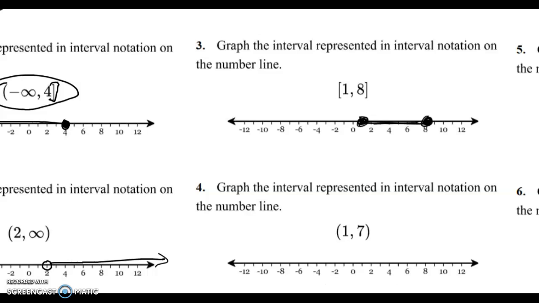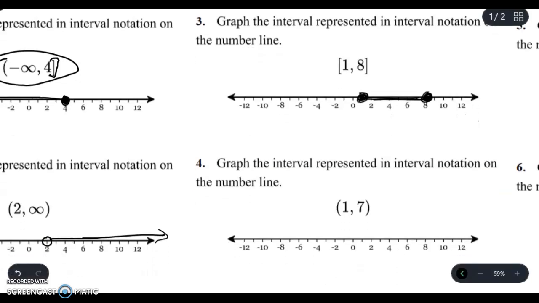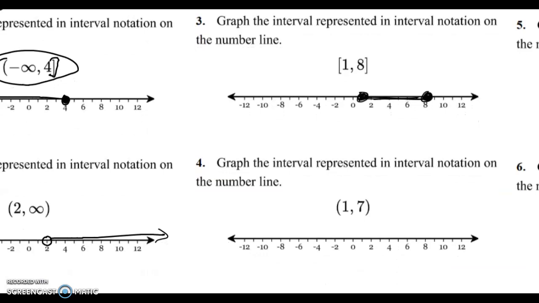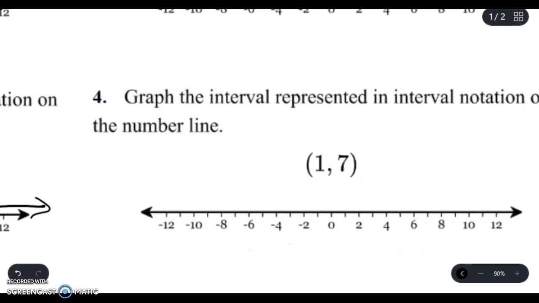Let's take a look at number 4. Now this one does not have brackets. It has parentheses on the outside. So you have 1 and 7. We go to 1, zoom in a little bit, put an open circle, and go to 7 and put an open circle there. Then we go inward, like that.